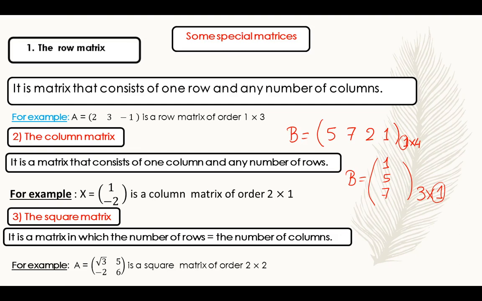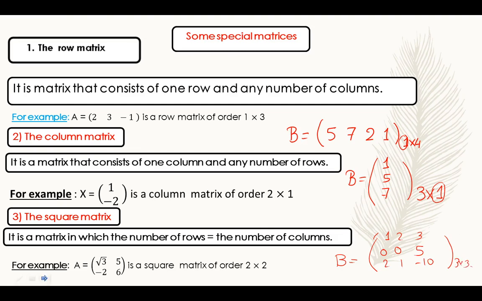Here we have the matrix A, root 3, 5, negative 2 and 6, a square matrix of order 2 times 2. Another example, matrix B: 1, 2, 3, 0, 0, 5, 2, 1, negative 10. This is a square matrix of order 3 times 3.